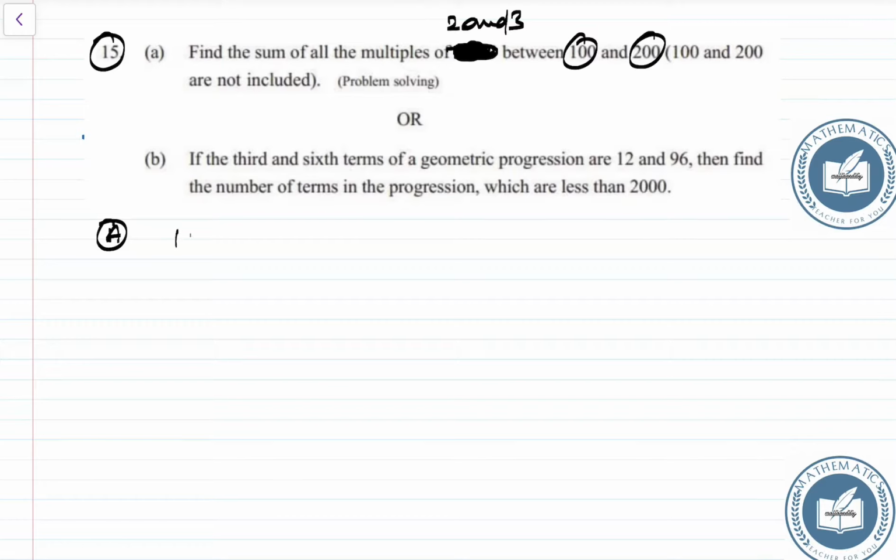So the first number here is 102. It is also divisible by 3, so it is also divisible by 6.